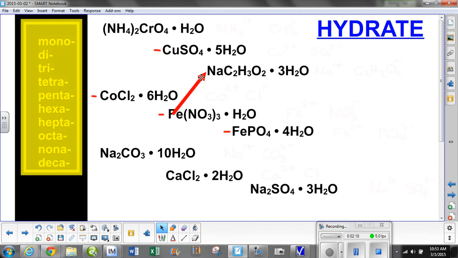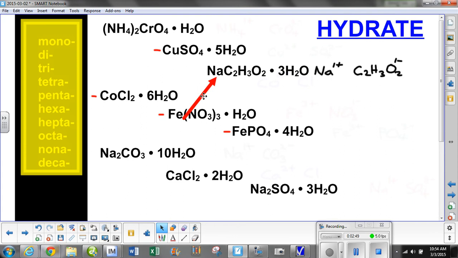Now this sodium can only have one charge, so when we're naming this molecule, there's no problem like we had back here. And so this would just be sodium acetate, and let's look at their charges. As you can see, they're a 1 plus and a 1 minus, and this 1 plus is because it's in column 1 of the periodic chart, what we call the alkali metals. And acetate is just a polyatomic ion that you've memorized, hopefully.